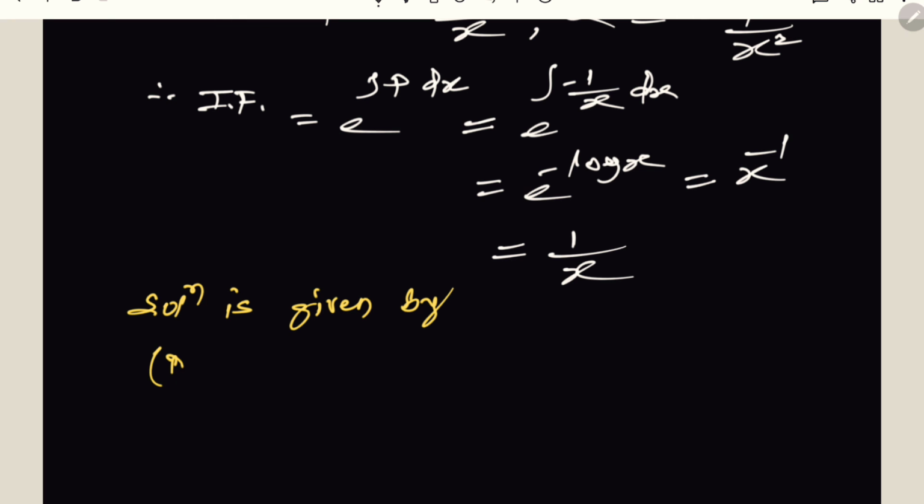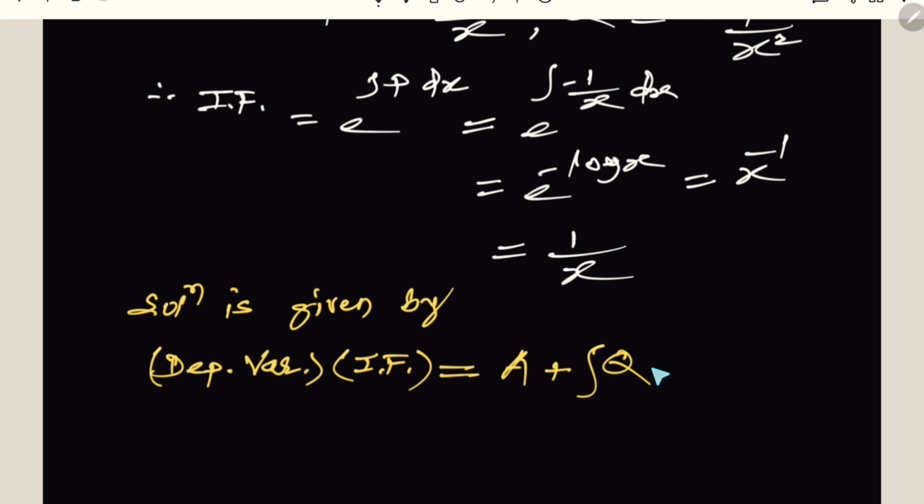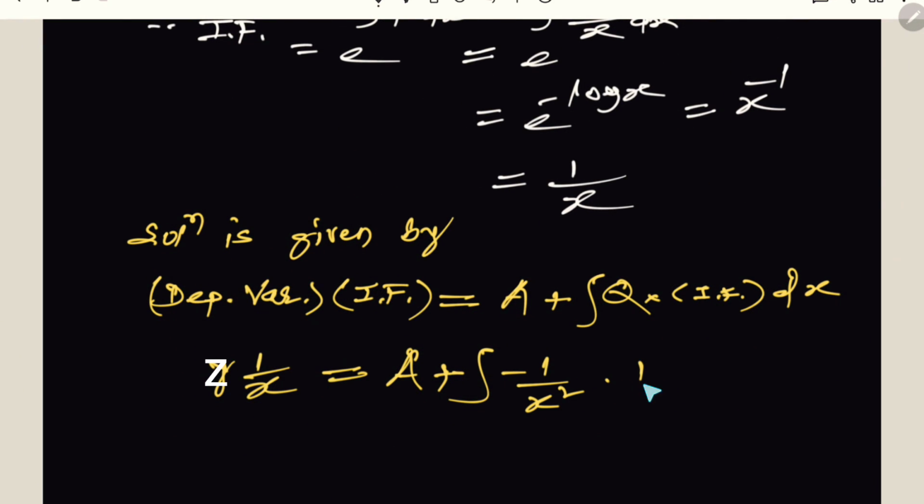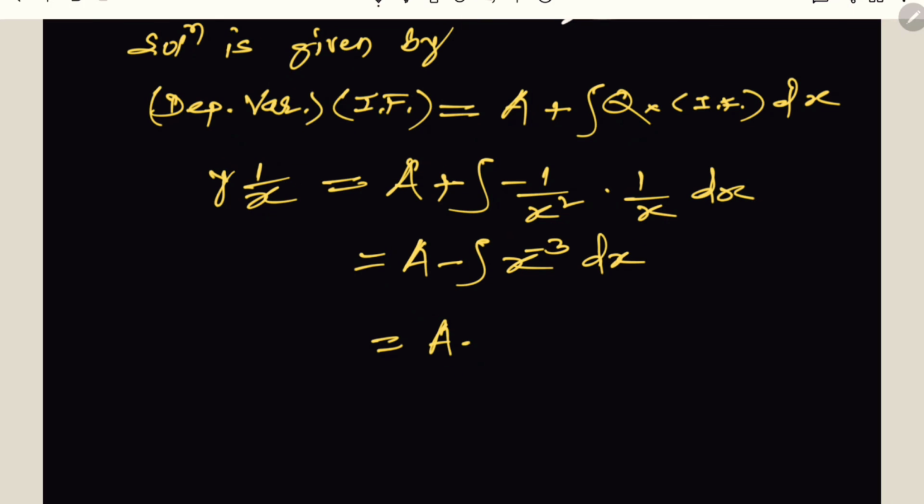Therefore, the solution is dependent variable into IF is equal to a constant plus the integration of Q into IF. The dependent variable here is z, it is not y, into 1 by x is equal to a plus the integration of x raised to minus 3 with respect to x. Its integration is x raised to minus 2 by minus 2. Minus minus becomes plus.